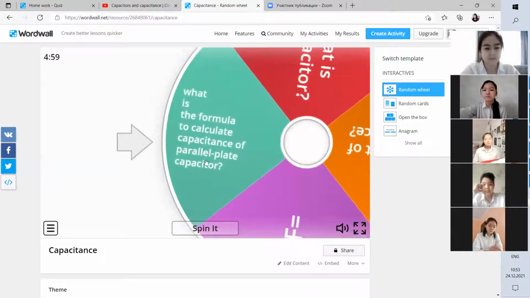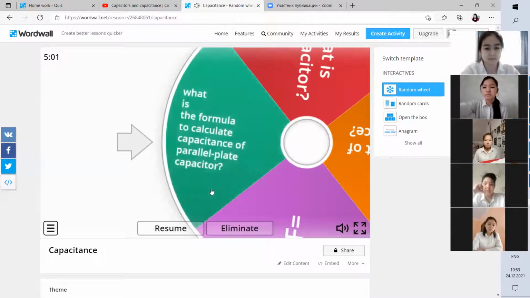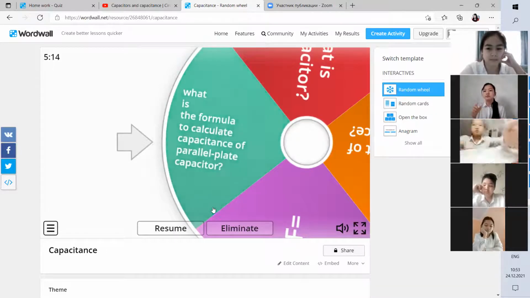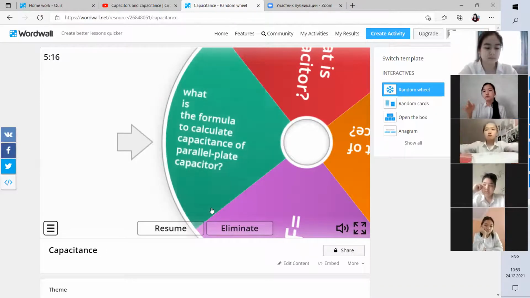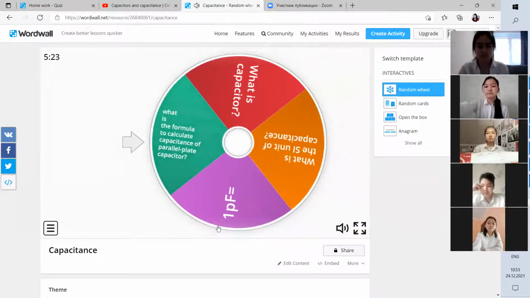Alima, what is the formula to calculate capacitance of a parallel plate capacitor? C equals epsilon times epsilon 0 times A divided by d. Yes. Right, it's correct.